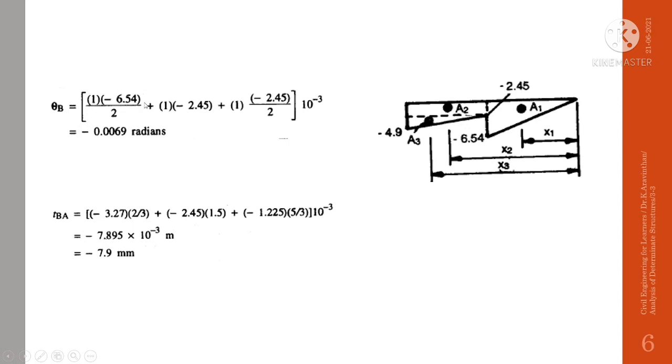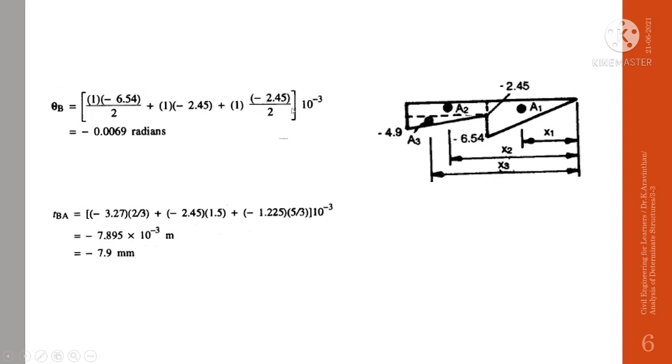The second area: up to this you are having 2.45 and the breadth is 1 meter, so 1 into 2.45. And the third area is half into breadth 1, height 4.9 minus 2.45, which will be 2.45. So this is the third area.